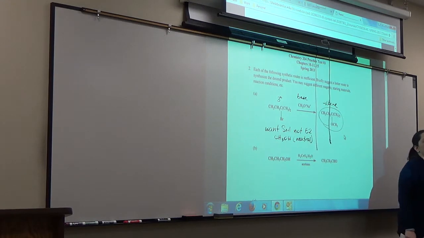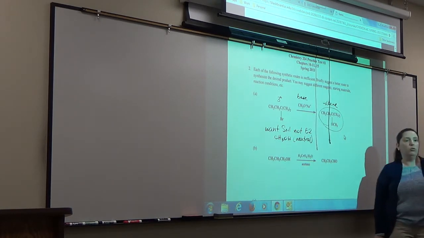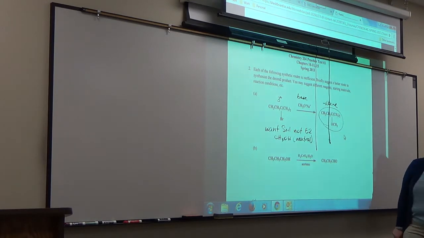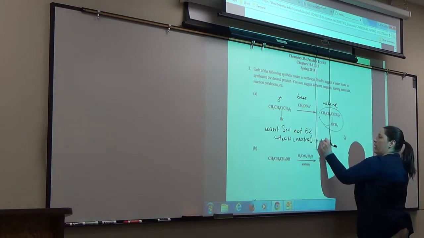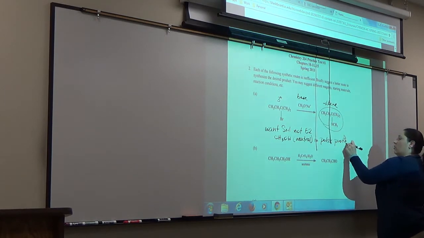Right? And then what else is important in an SN1? The solvent, right? What kind of solvent promotes SN1? Something that is polar protic, right? So you want a polar protic solvent.